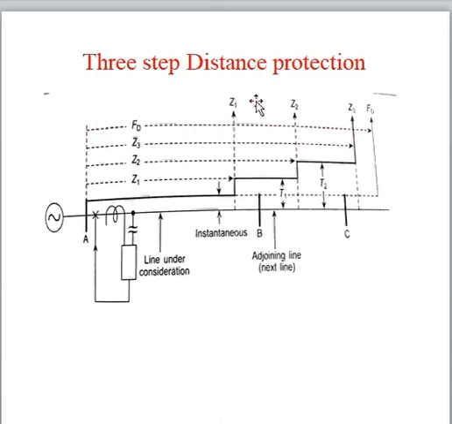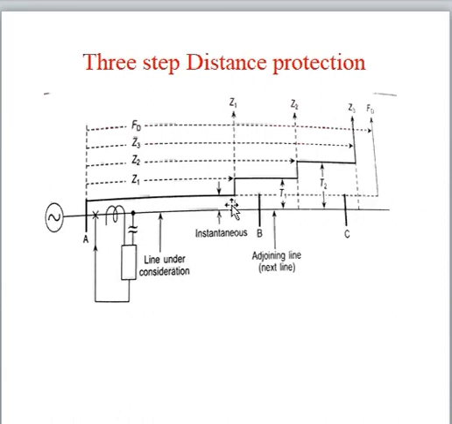This is 3-step distance protection. Here the generator is there, the generator bus bar, circuit breaker, relay, CT, PT, and this is the B bus bar and C bus bar. This is zone 1, zone 2, and zone 3.